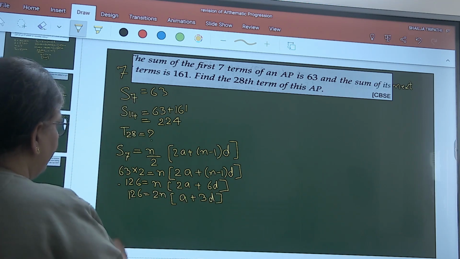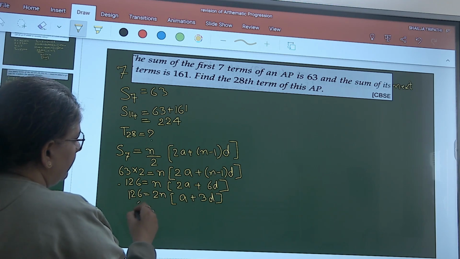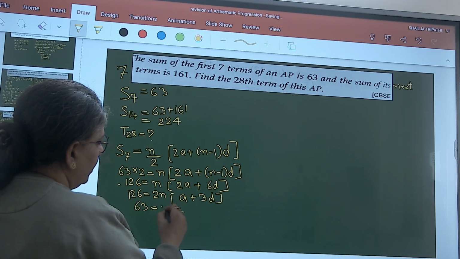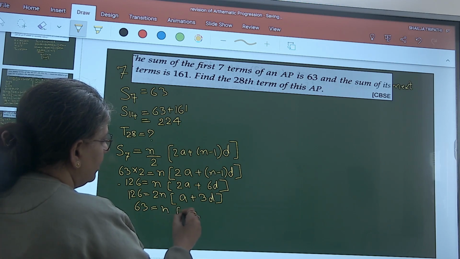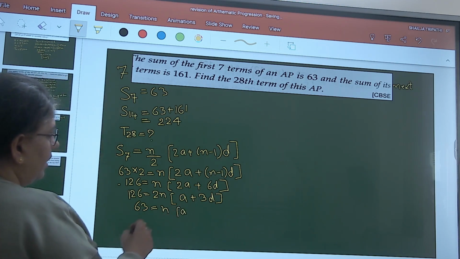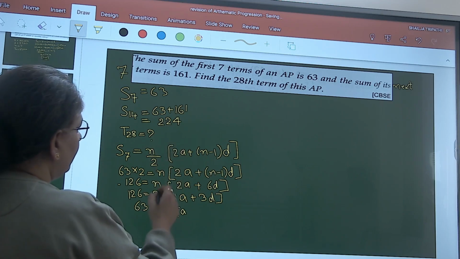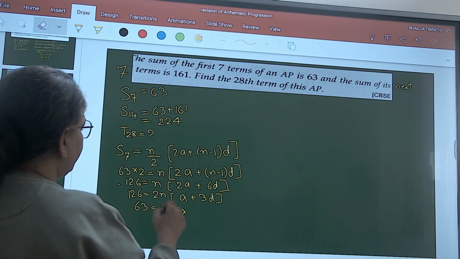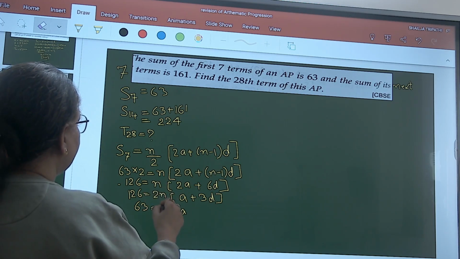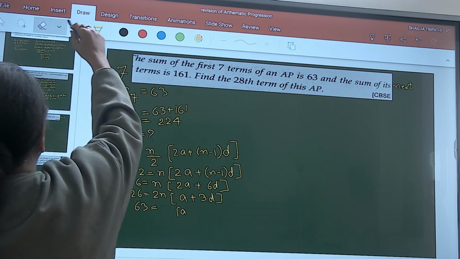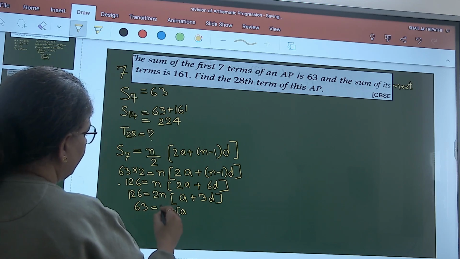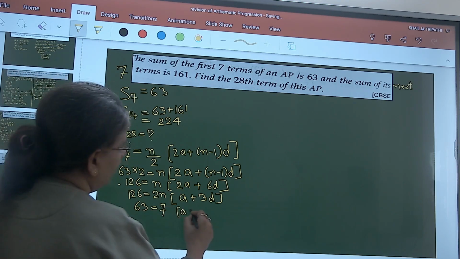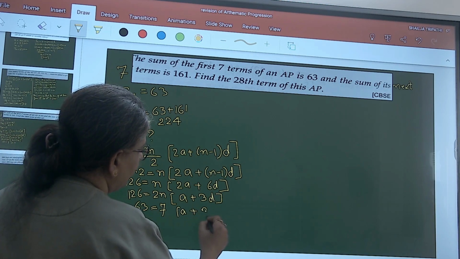Again divide this by 2, so we get 63 is equal to n, which is 7, into a plus 3d.